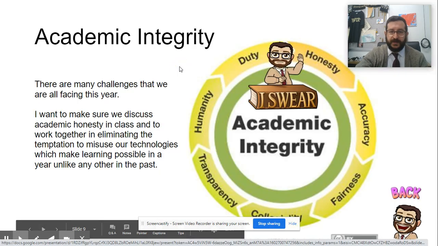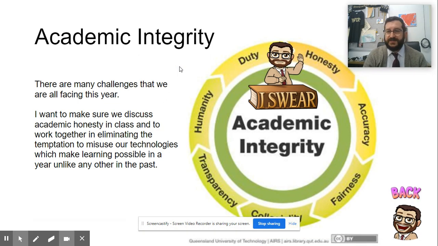Okay, speaking of homework, this year creates a couple of challenges that we have never faced before. So I just want to make sure that I'm having regular conversations with students about what it means to be academically honest, and how to be ethical in this class. At no point in time should students be copying another student's homework. And I know there's temptation to lend your homework to somebody else.